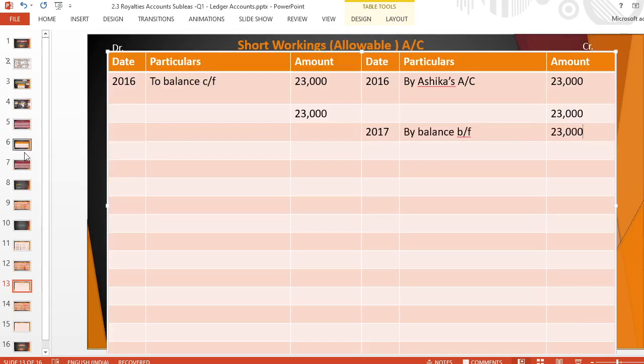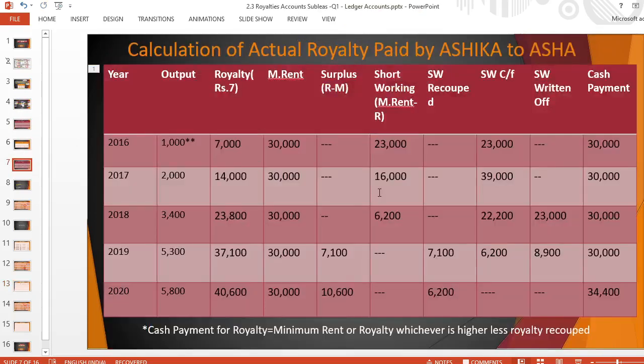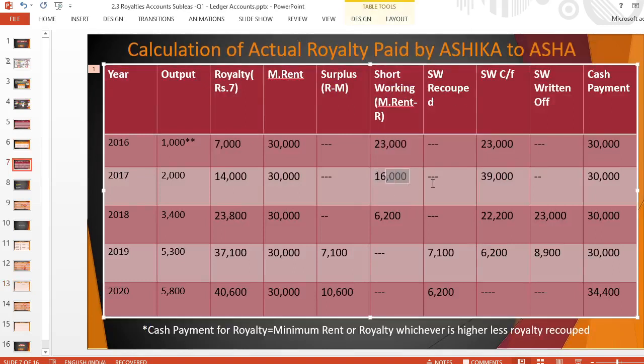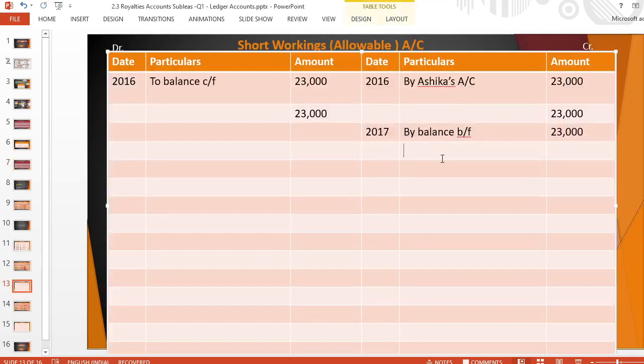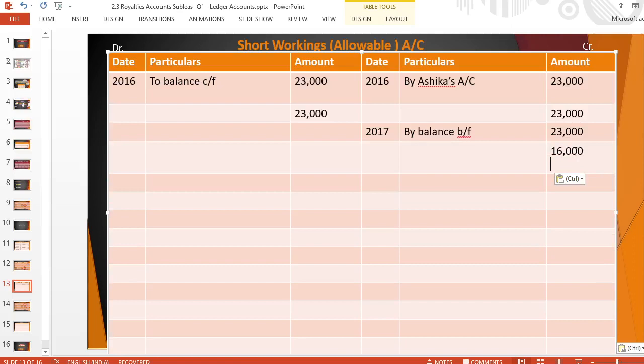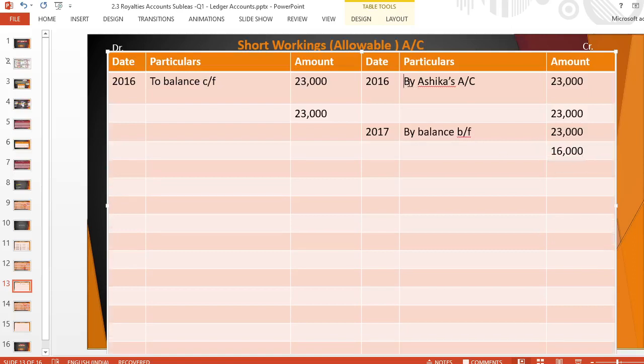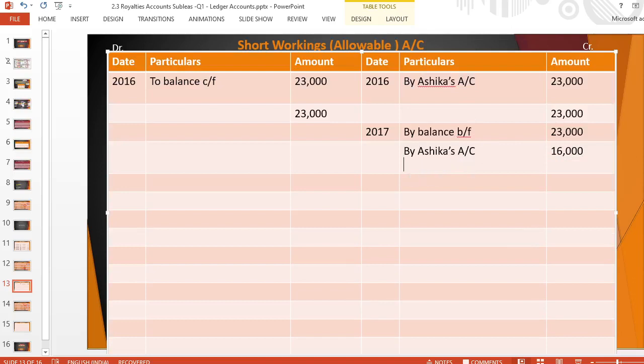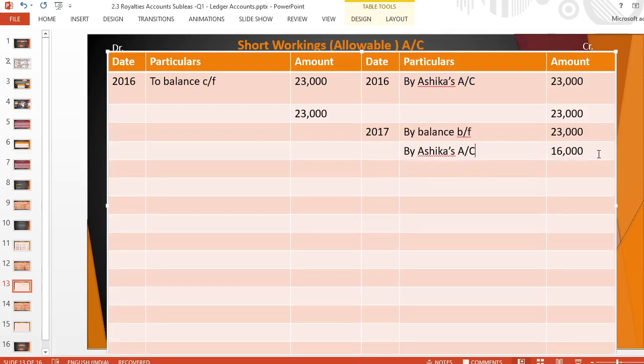And in the second year, I'll check the short working. In the royalty table 2, the short working is 16,000. So I should record the fresh short working. So in the second year, there is a fresh short working. So the transaction repeats here. For the 16,000 fresh short working, the journal entry is repeated by Sub-Lessee's account 16,000.